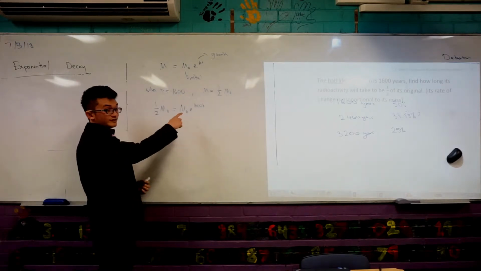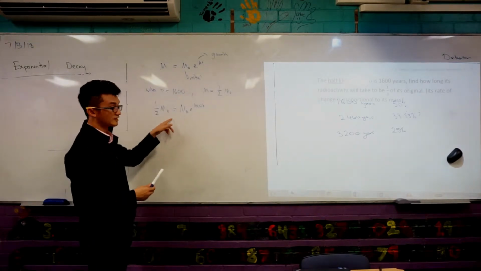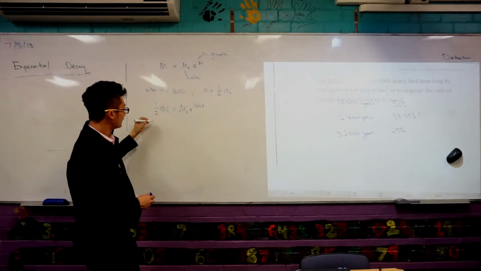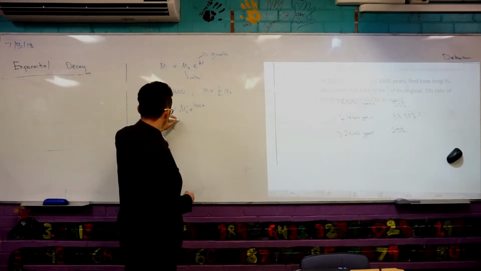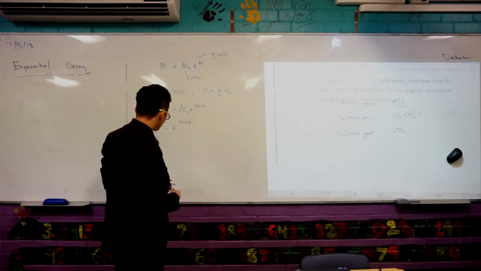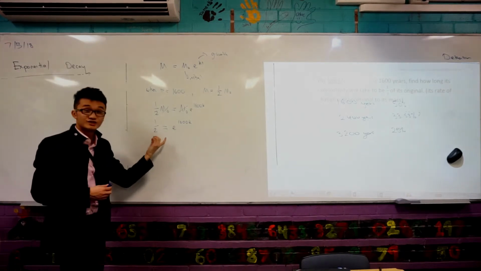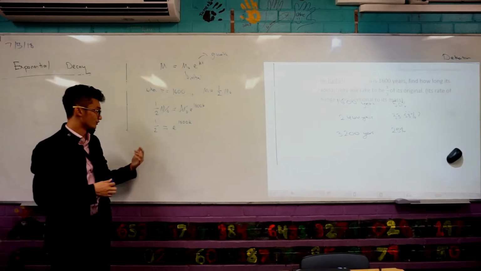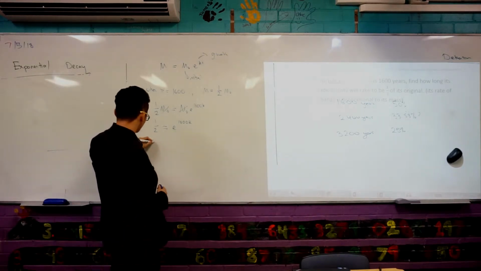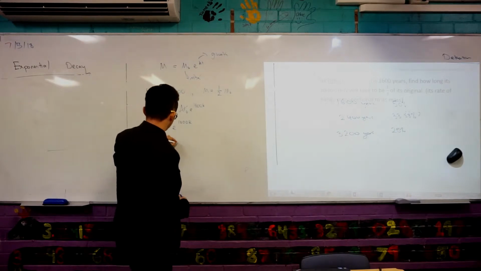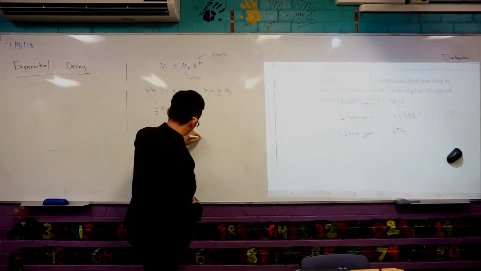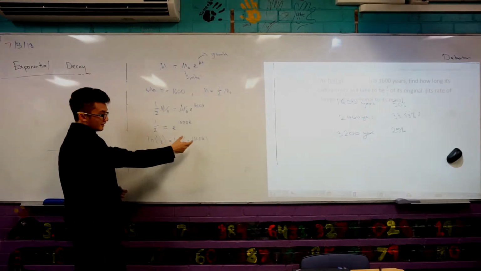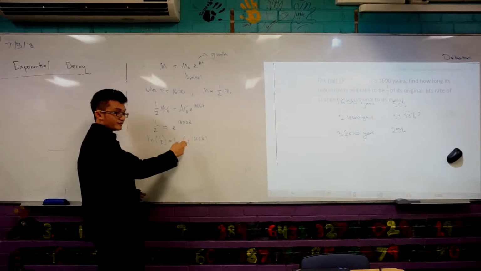Now that I have something like this, it's really easy to solve for k, because I can divide through my constants here. Now you notice that these m0s, I'll just divide through, right? So I'll have half is equal to e to the power 1600k. When you have a situation like this, you really want to be trying to solve for k using your natural logarithms, right? Because you've got base e here, so I'll take the log of both sides. And now using your log laws, I can just take this power down as a coefficient, and then I'll be left with ln of e.